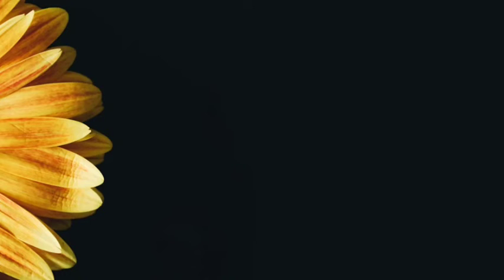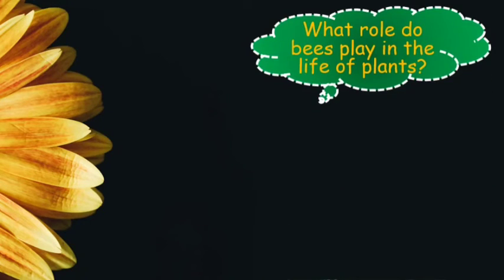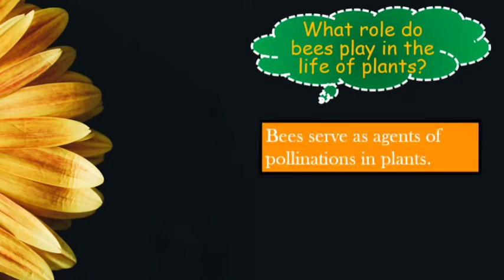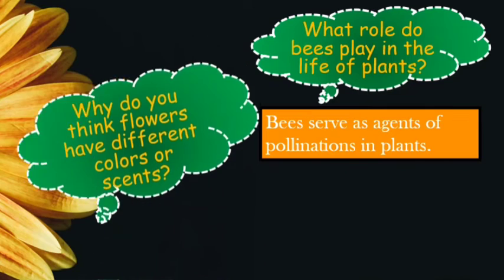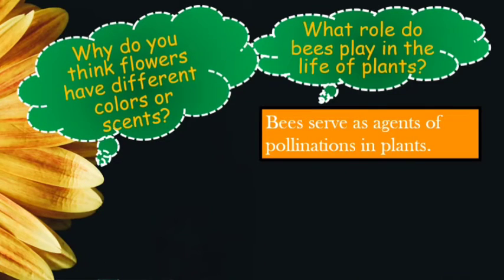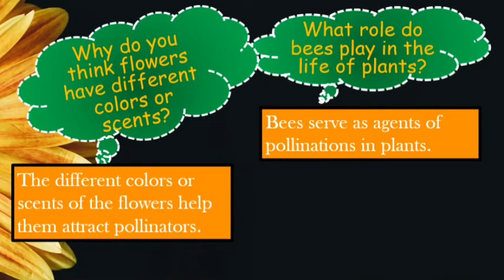So now, what role do bees play in the life of plants? Bees serve as agents of pollination in plants. Why do you think flowers have different colors or scents? The different colors or scents of flowers help them attract pollinators.